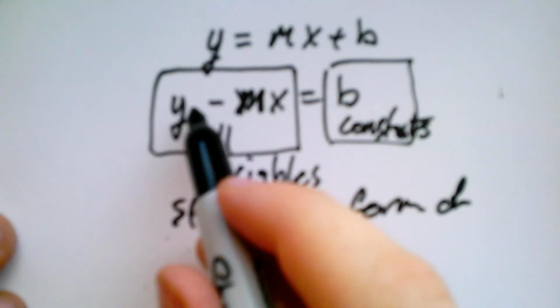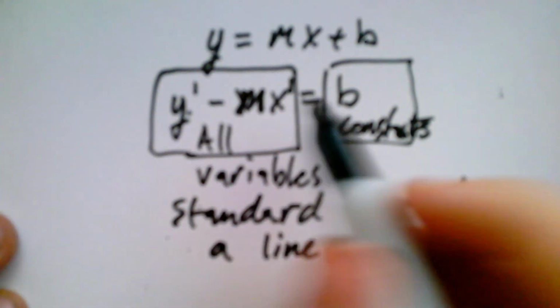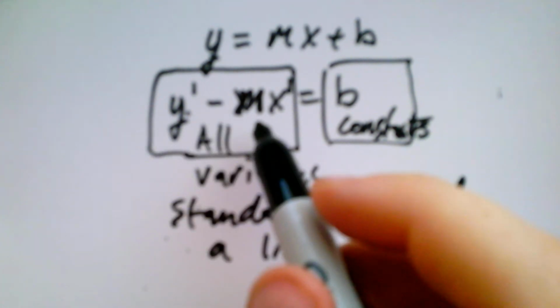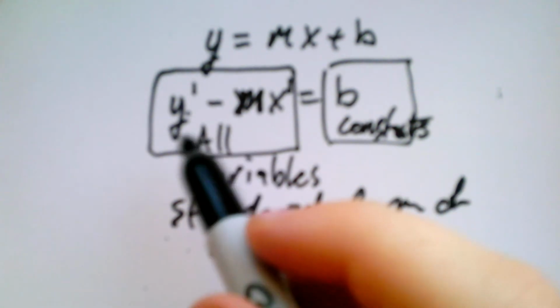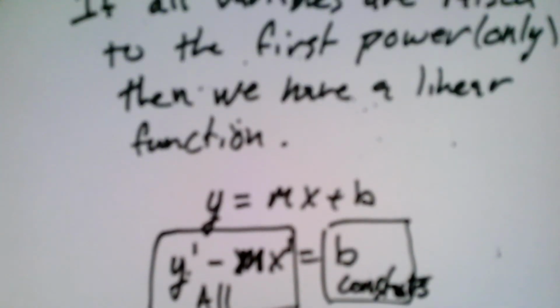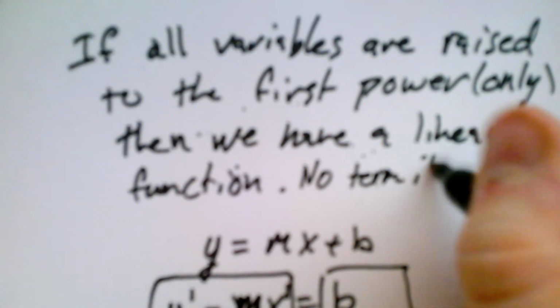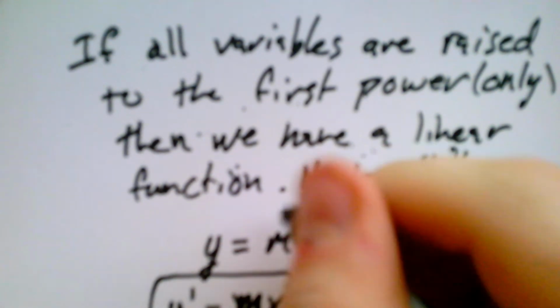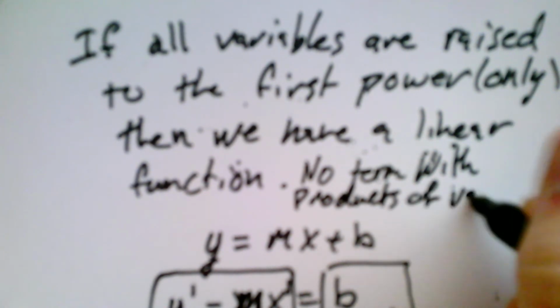Notice that all of our variables are being raised to the first power only. And so we have just a sum of variables times their coefficients. Oh, and one more thing is that we can't have two different variables multiplied by each other. So no terms with products of variables.